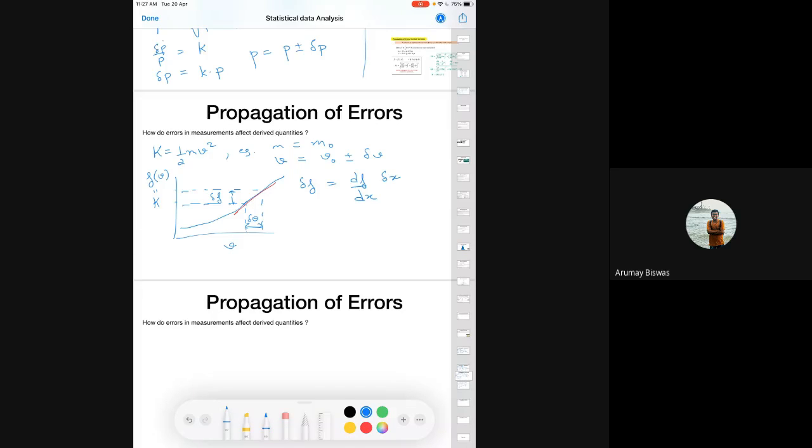In this case I have written it as v, but this is the general expression, so I'll put it as x. So if I know the derivative of my function with respect to the variable, then I can calculate the uncertainty in the function from the uncertainty in the variable.